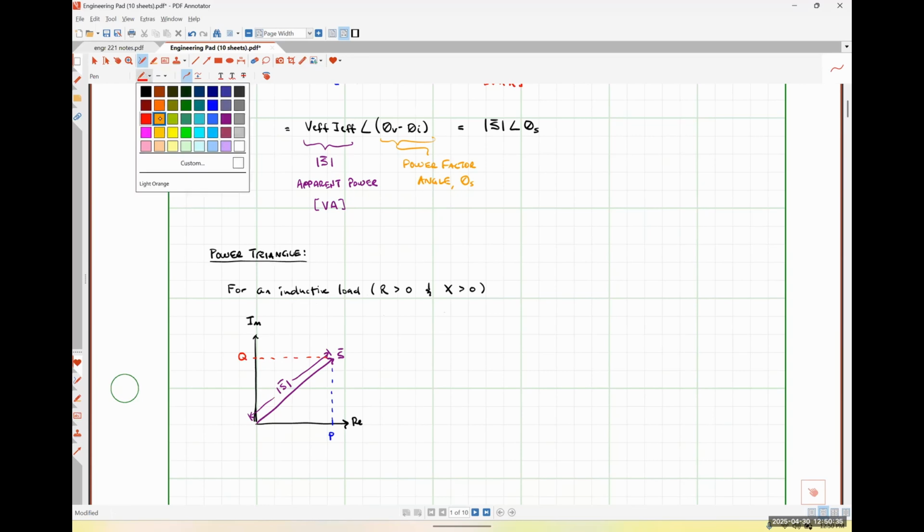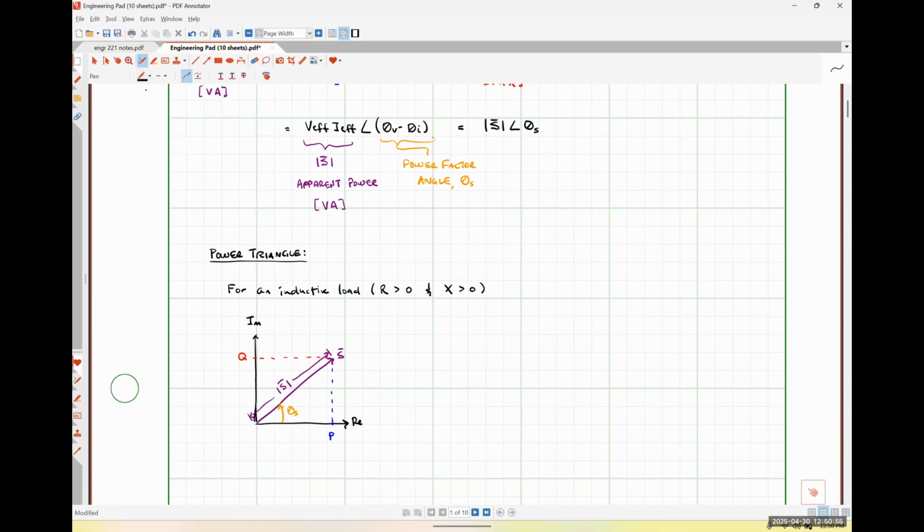And then lastly, the angle formed by measuring from the positive real axis up to my vector is my power factor angle theta S, okay?